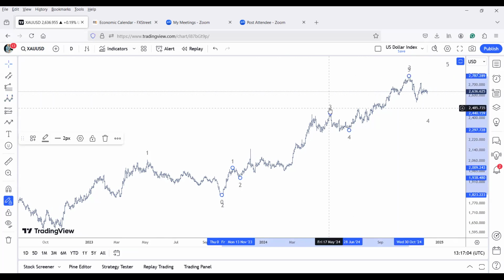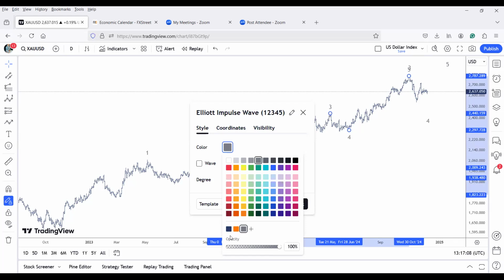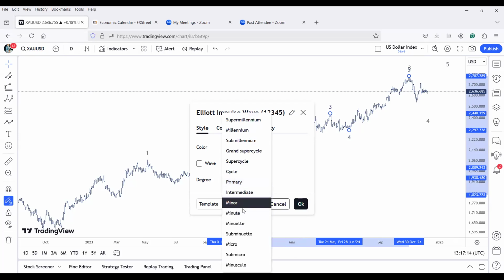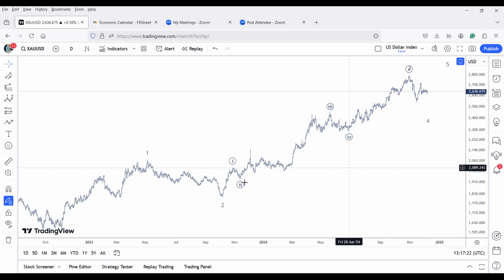And I'm going to change the degree because there cannot be two degrees in the same wave. I just change the degree from minor to minute. If minor is a father, the minute is the son. Okay, as simple as that.